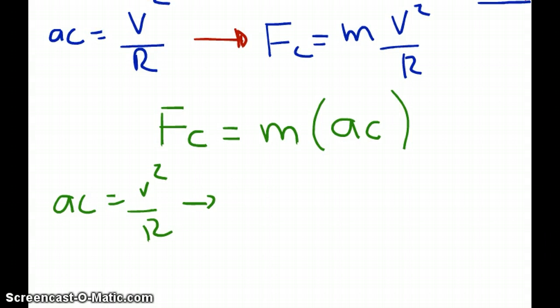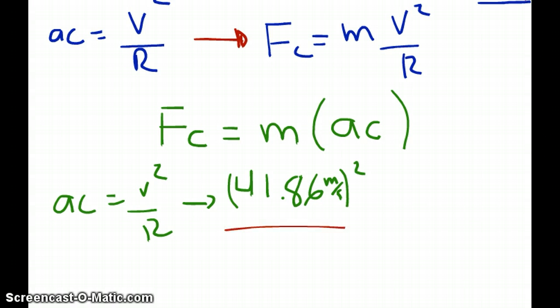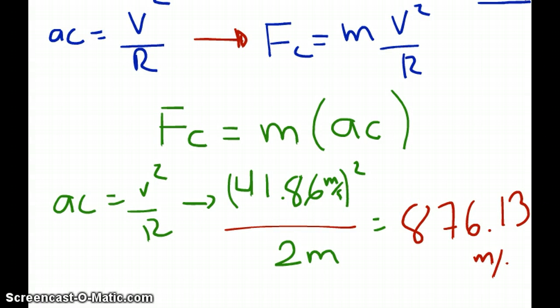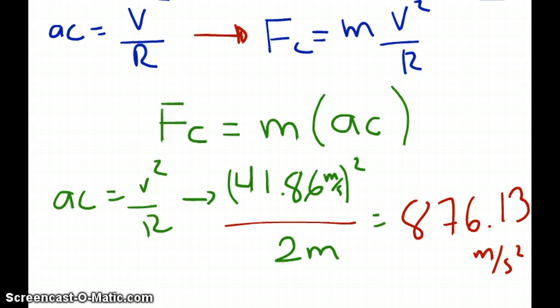That gives us 876.13 meters per second squared. So now we have the value for AC.